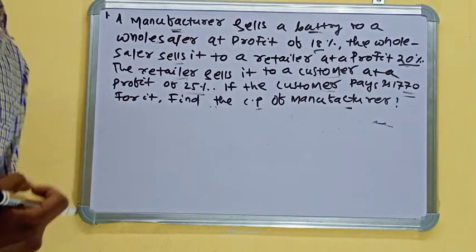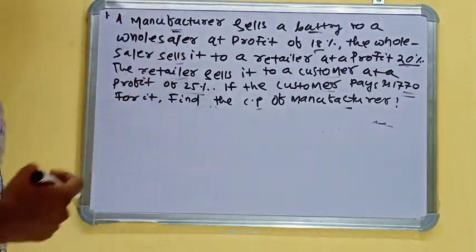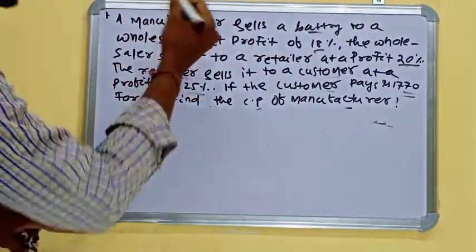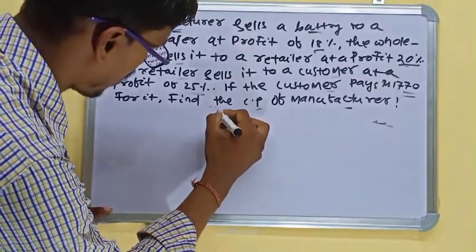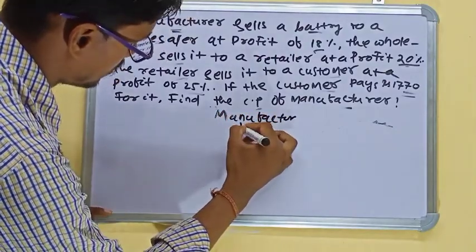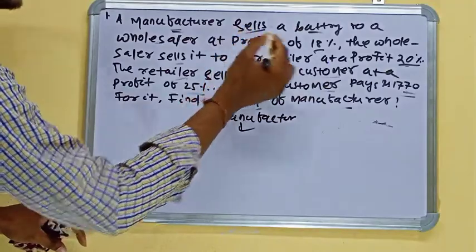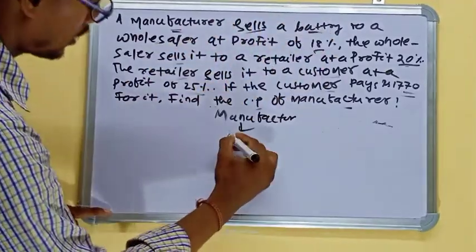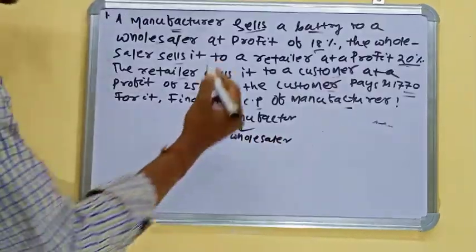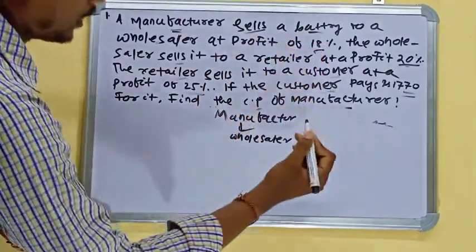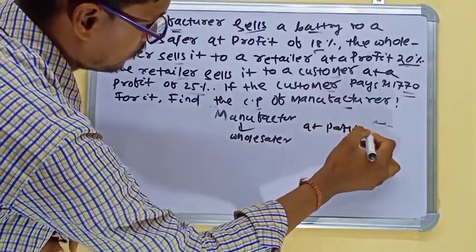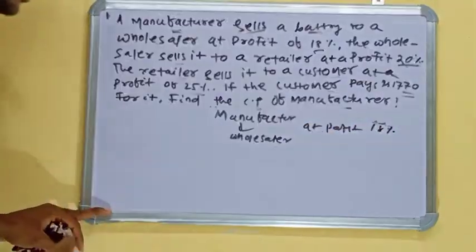The first question is, a manufacturer sells a battery to a wholesaler at a profit of 18%.